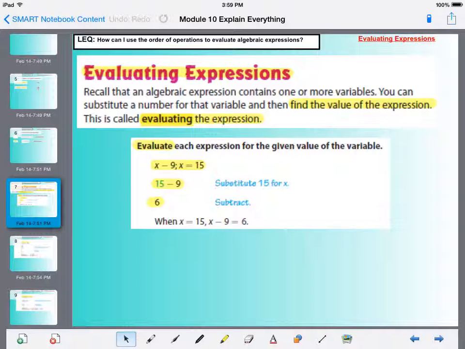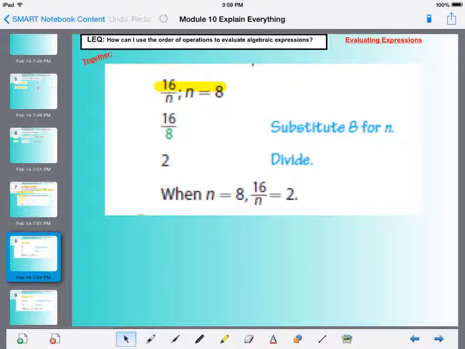So 15 minus 9 is 6. And when x equals 15, then x minus 9, or 15 minus 9, would equal 6. Another example would be 16 divided by n, where n equals 8. I'm just going to substitute 8 and plug it in for n, and 16 divided by 8 equals 2.